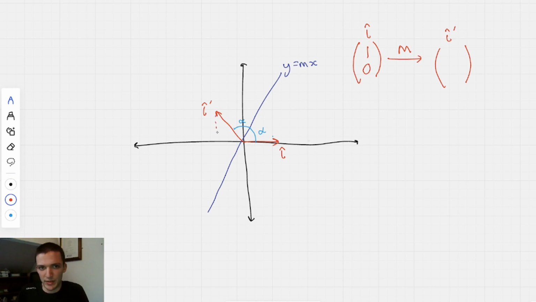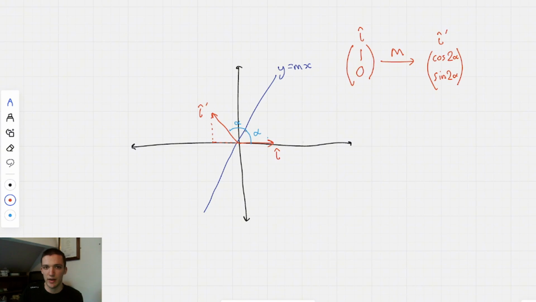Well, this amount here is the y value of i prime, and this amount here is the x value of i prime. Now the x value is going to be cosine of 2 alpha, while the y value is going to be the sine of 2 alpha, a bit like this.